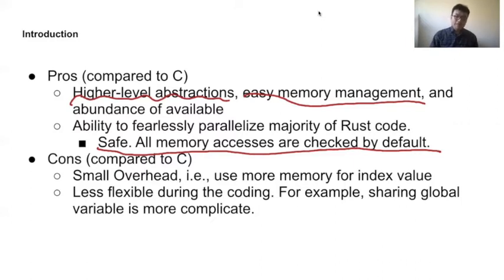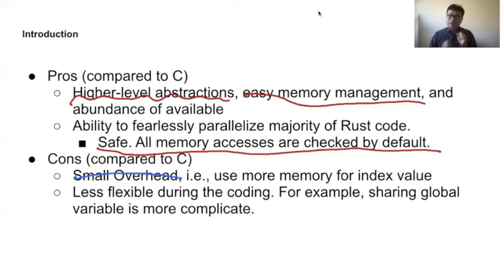What's the cost of this one? There's a small overhead. For example, in C, you probably use an integer to represent the index of an array. But in Rust, there are different integer types, and some integers are larger than others. They use a larger one as an index. So there's a small space overhead.